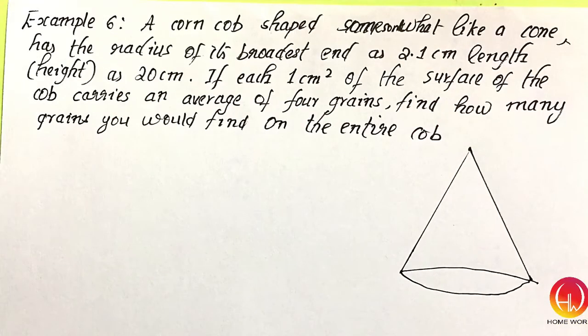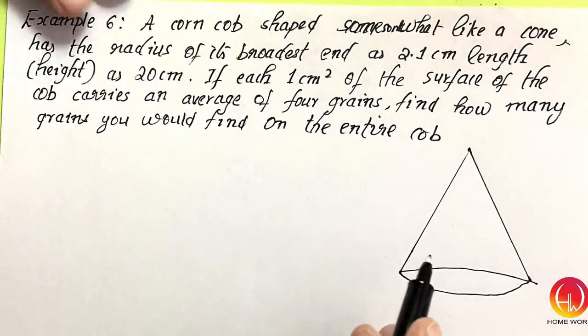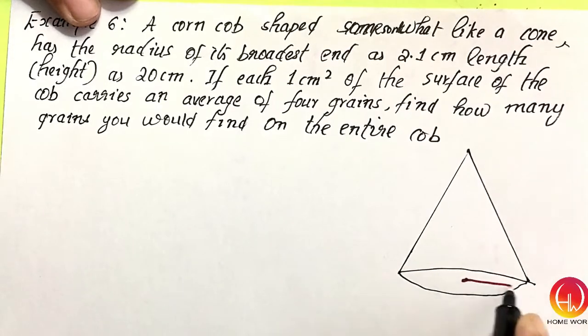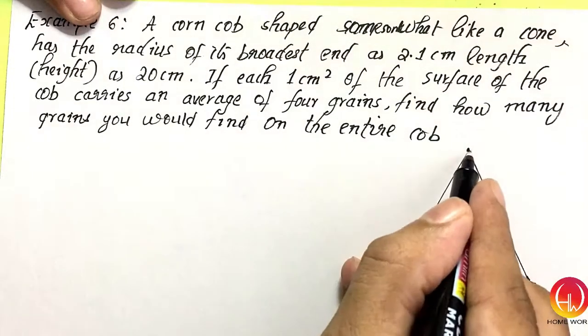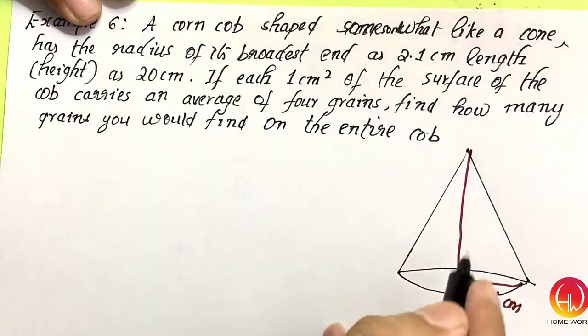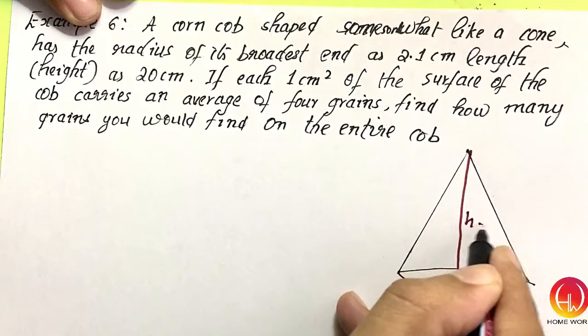Example 6. A cone-shaped cup has the radius of its broadest end as 2.1 centimeter and height 20 centimeter.